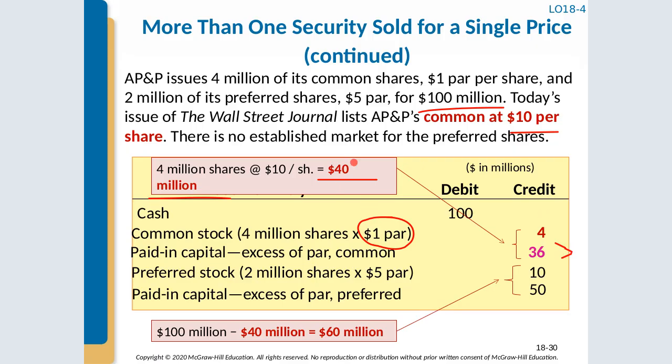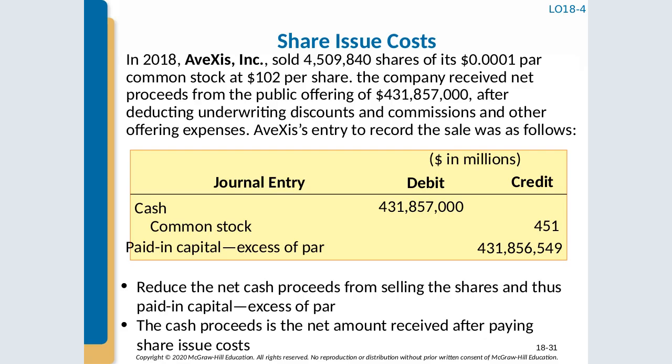So the 40 million is allocated to the common stock first. And then we do have a par value for our 2 million shares of preferred stock, so we can determine that. And then we usually plug that difference to our paid in capital excess of par preferred stock. Okay, so hopefully that makes sense.